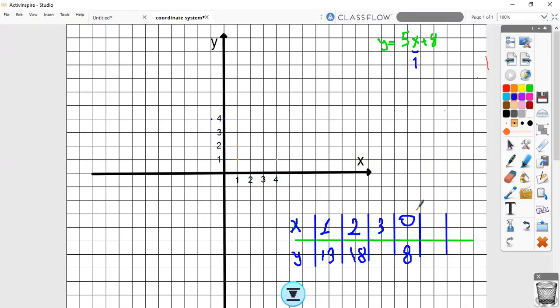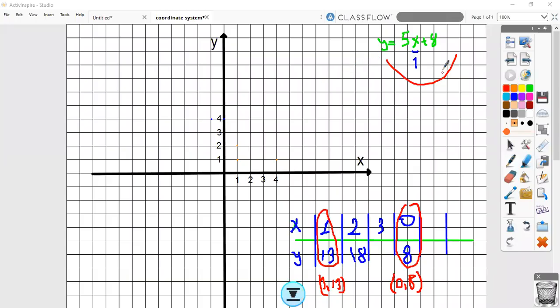Now, to place these points on the coordinate system, I am going to use 2 points: 1 and 13, and 0 and 8, for drawing my graph of the line.